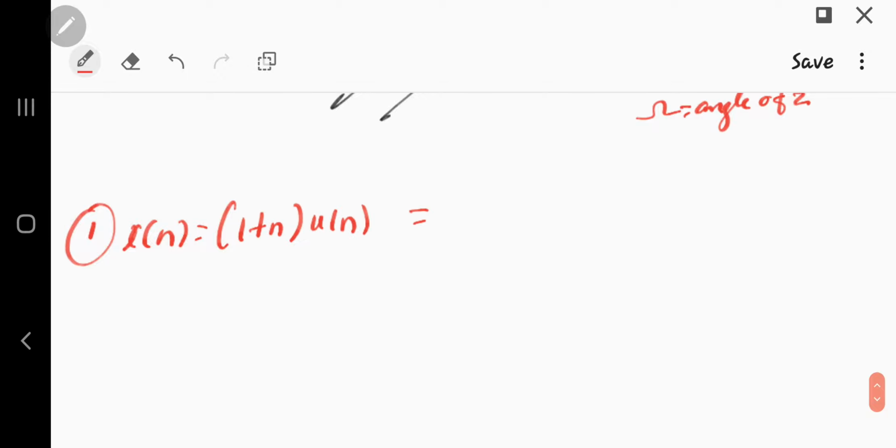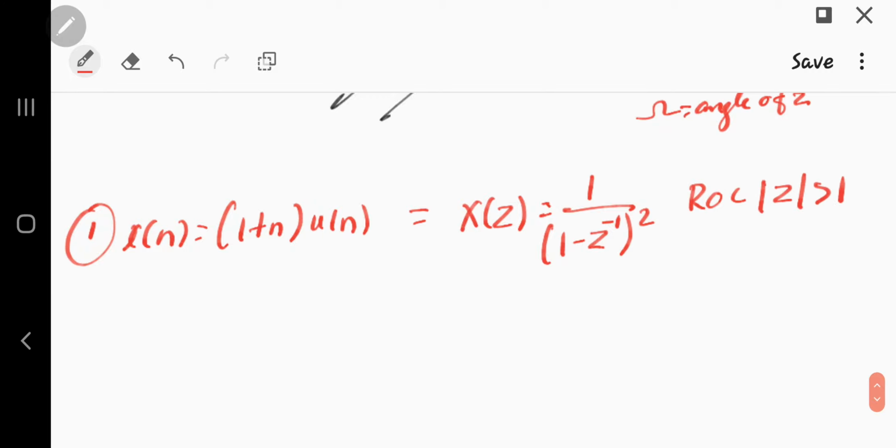For this, the solution, you'll get x of z as 1 divided by 1 minus z inverse whole square. I can further simplify this, and the ROC for this will be z greater than 1. So this is the first problem.